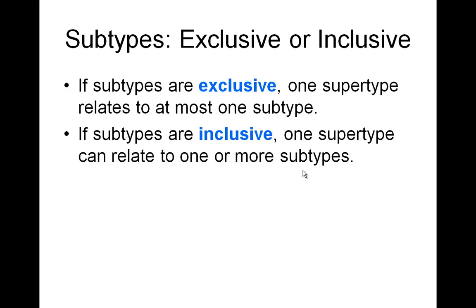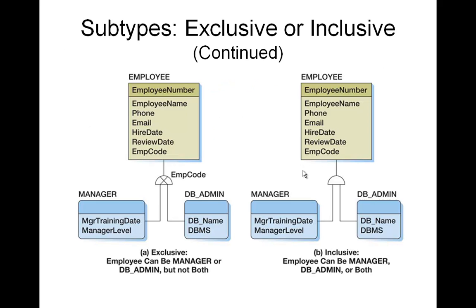For example, if we have an employee, that employee could be a manager or a database admin. So that's an exclusive relation where the employee can be manager or database admin, but not both.